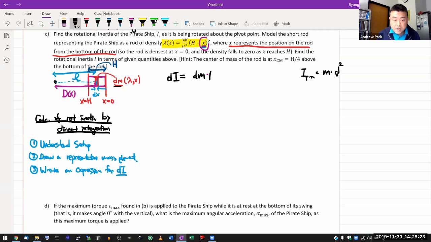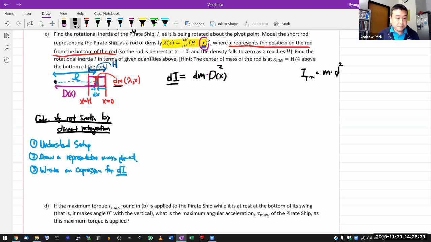So let me just write down this symbolic representation for now. Distance from the rotational axis squared. So that's my infinitesimal contribution.